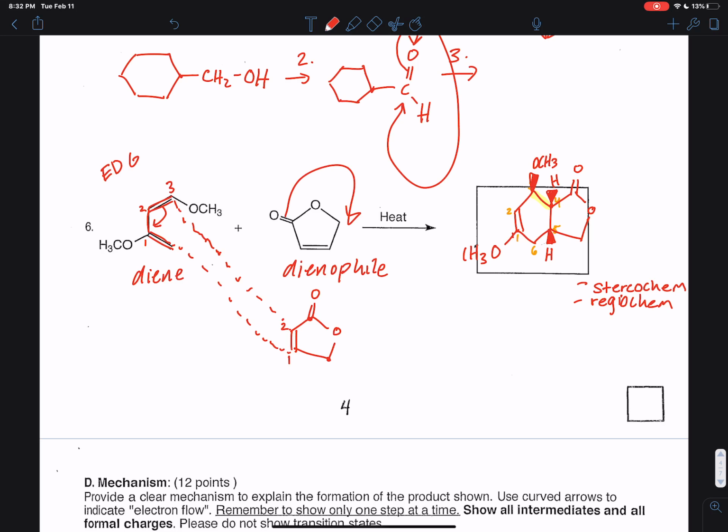Like the dienophile comes here, the diene is here, and it pushes it up. So whatever is facing towards the middle is going to be pulled up in the space, and whatever is going towards the outside has to go down. So we'll put the OCH3 on the wedge on number 3, okay? So that's what you would put in your box, but let me answer your question.